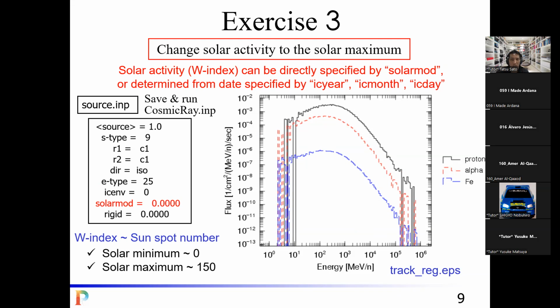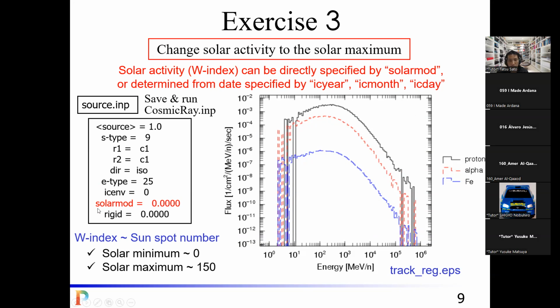Which has a daily database of solar modulation from 1950, I think, as far as I remember. So quite a long time ago. Every day, the cosmic ray intensity is already evaluated. So you can specify the date of your interest, which automatically reproduces the situation.